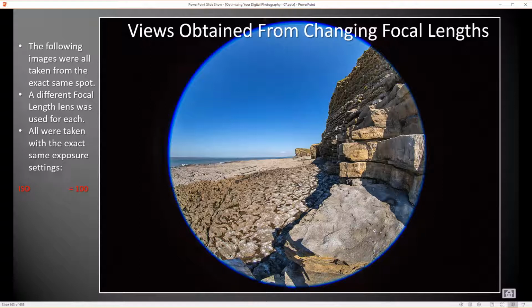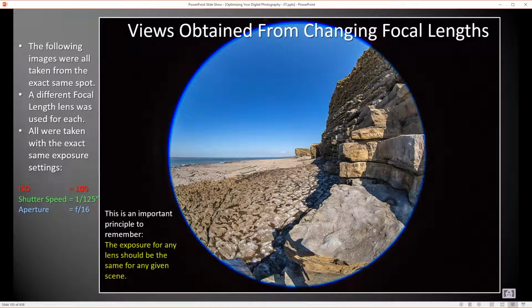The exposure was ISO, which is the sensor speed, 100, shutter speed of 125th of a second, and an aperture of f16. It's important to remember that the exposure for any given scene should be the same, whether it's a wide angle lens or a telephoto lens. It should all be the same ISO, shutter speed and aperture, irrespective of the lens you're using.